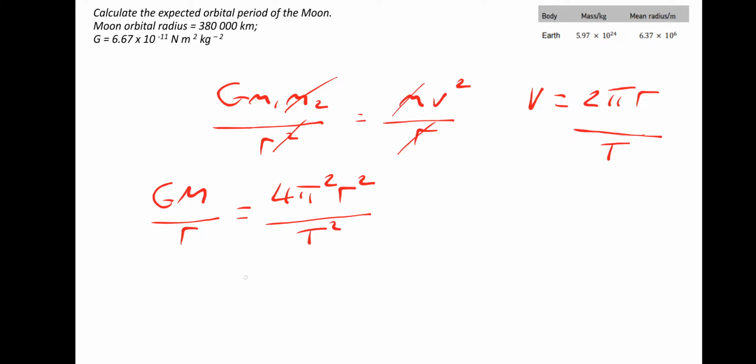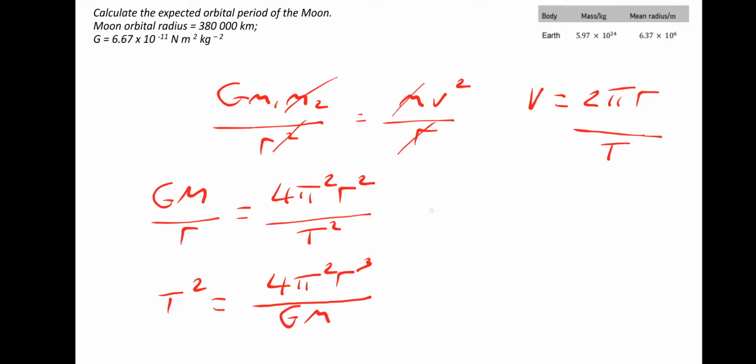Then rearrange to get time. So T squared is equal to 4 pi squared r cubed divided by GM.